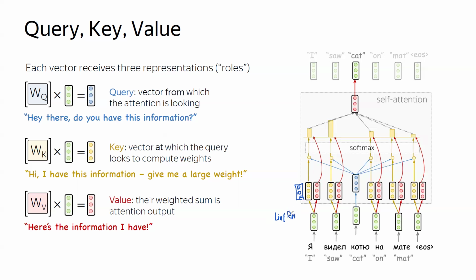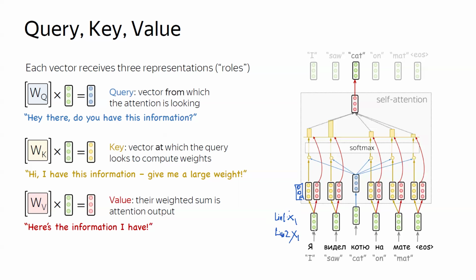I will denote the embedding by X. Then we can apply another linear layer 2 and apply to our embedding X1.